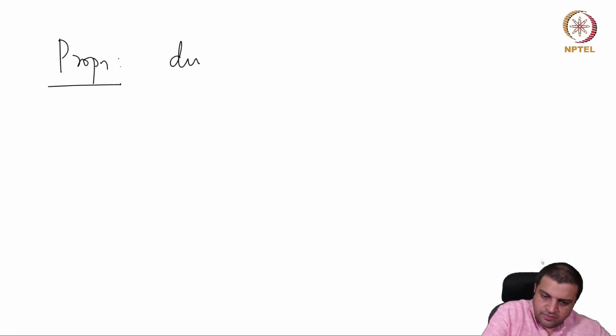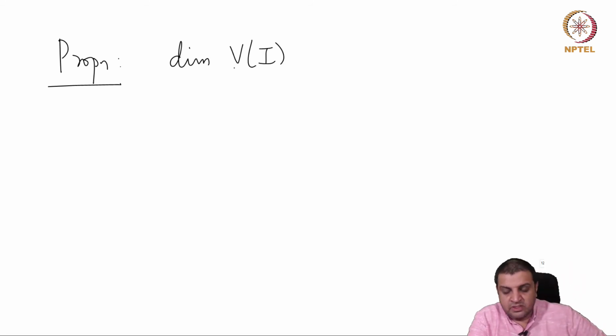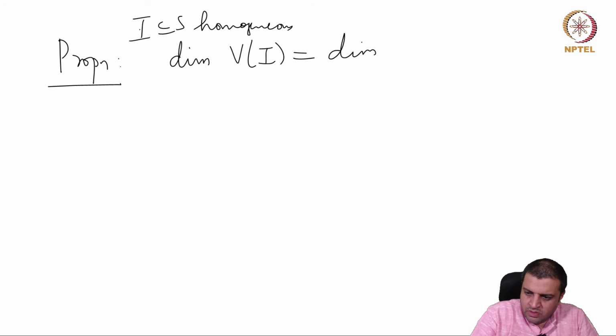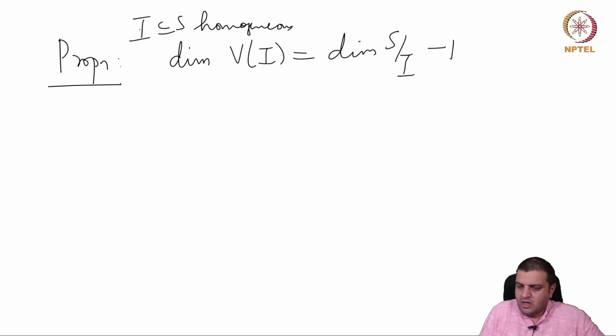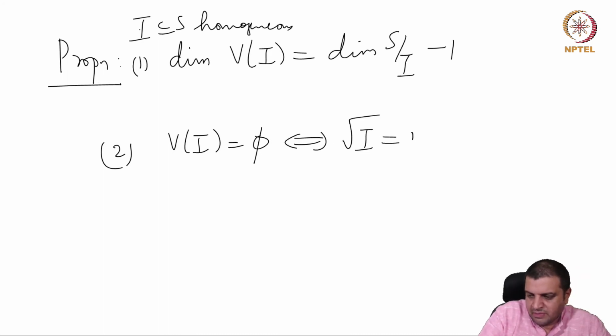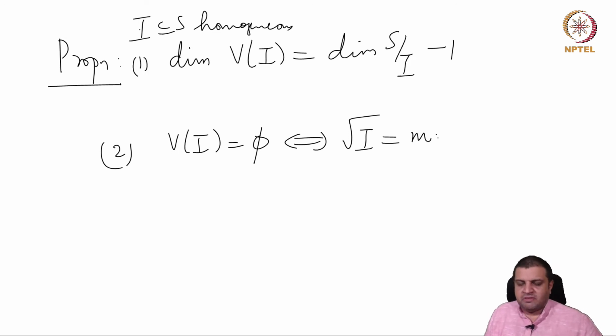The dimension of V(I), remember this is inside Proj S, not inside Spec S, with I a homogeneous ideal inside S, is equal to the dimension of S mod I minus 1. And this is the first statement. And 2, V(I) is empty if and only if I is primary to the homogeneous maximal ideal. In other words, for every variable, some power of the variable appears inside I.